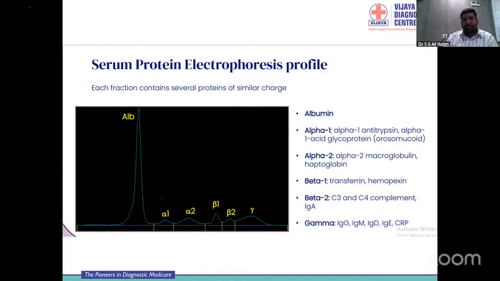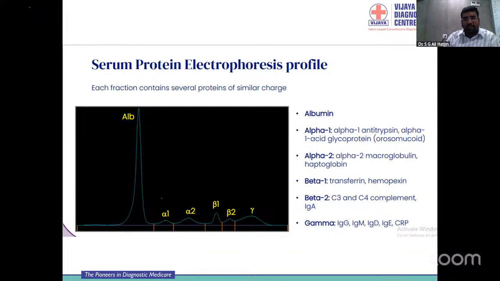Along with these alpha 1, alpha 2, beta 1, beta 2, and gamma fractions, we have certain proteins in the serum with similar charges. So sometimes in these regions we can get an additional fraction or additional peak. Sometimes we get an additional peak in alpha 1 because of alpha 1 antitrypsin, in alpha 2 because of alpha 2 macroglobulin or haptoglobin, and in beta 1 because of transferrin.